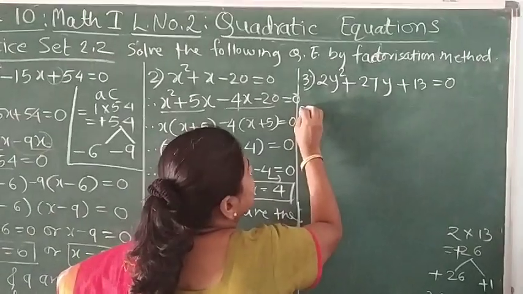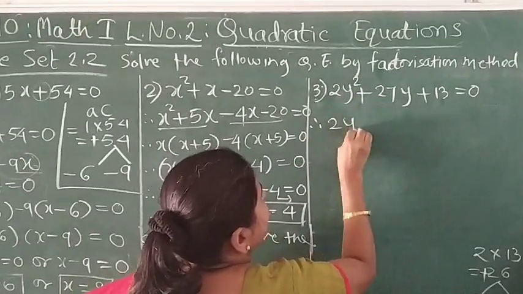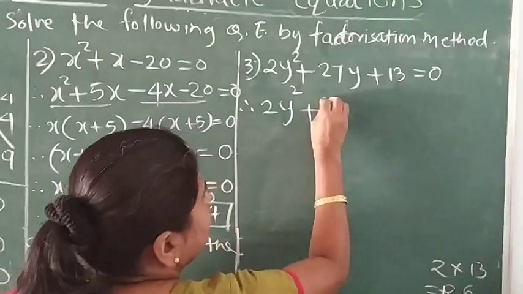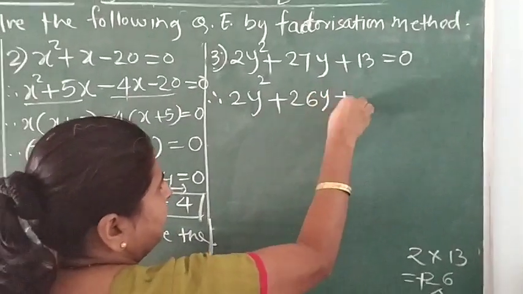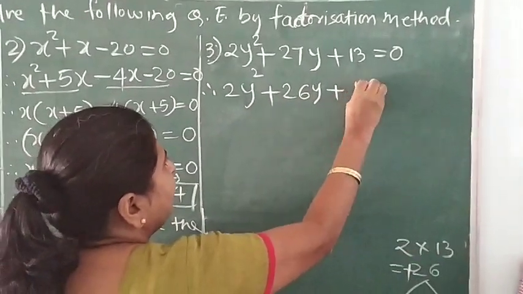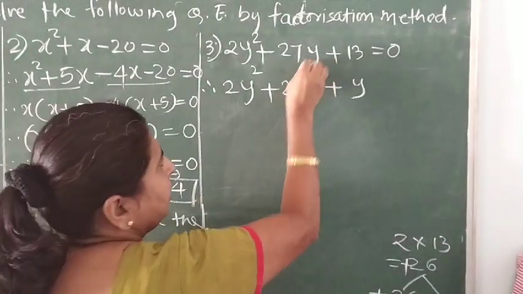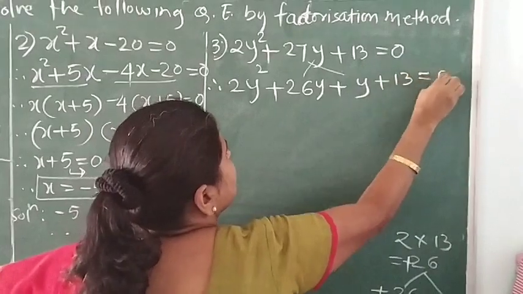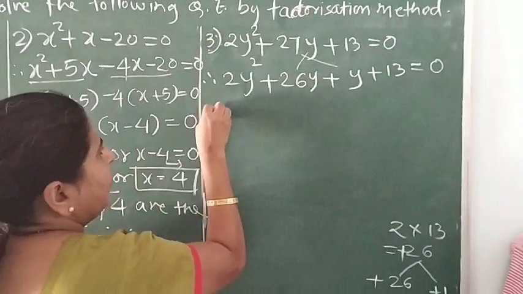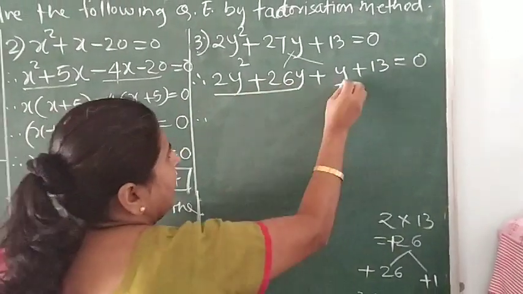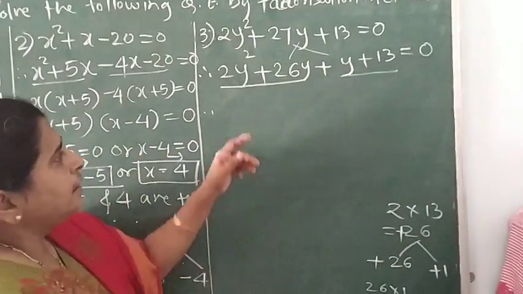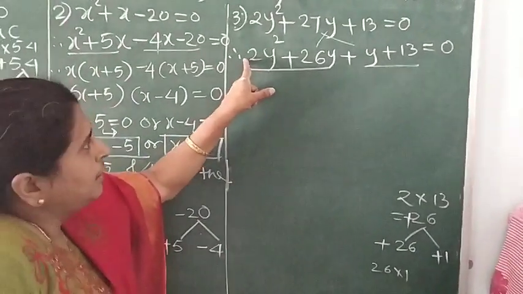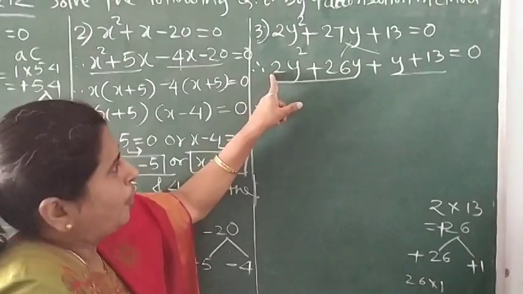Now other things are the same. Now we will copy this 2y square as it is. Now this plus 27y will split as plus 26y plus 1y. We don't write 1y, we have to write only y over here. This is the splitting of this term, and plus 13 as it is, equal to 0. Now while taking common from these two, here we don't get only y common or variable common. Here there is a number, so you might get a number also common.